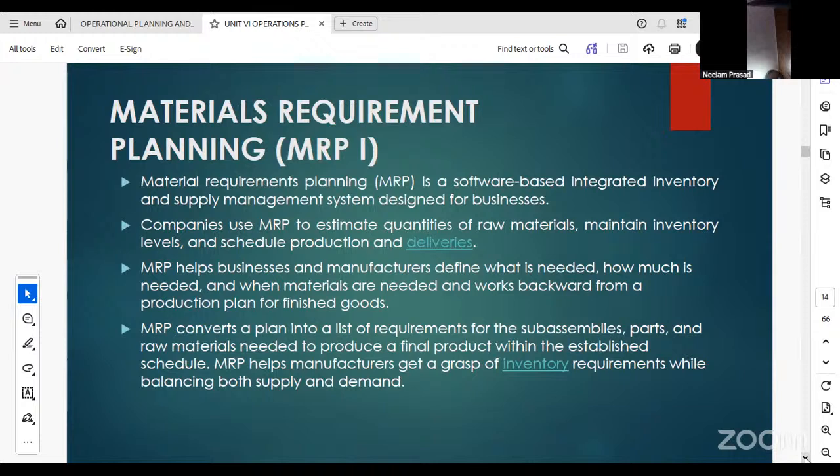Companies use MRP, this is MRP1, to estimate quantities of raw materials, maintain inventory levels and schedule production and deliveries. Whatever work we were doing manually until now, we are now using computers to do that, taking the help of them.